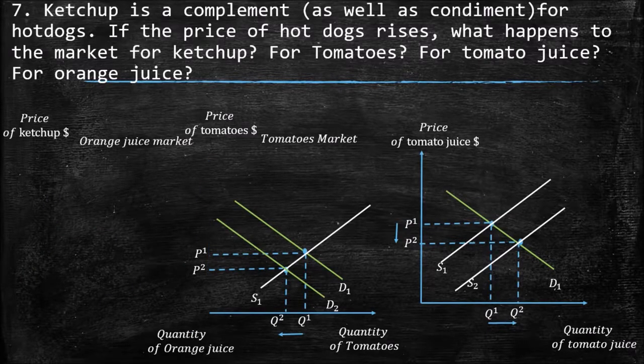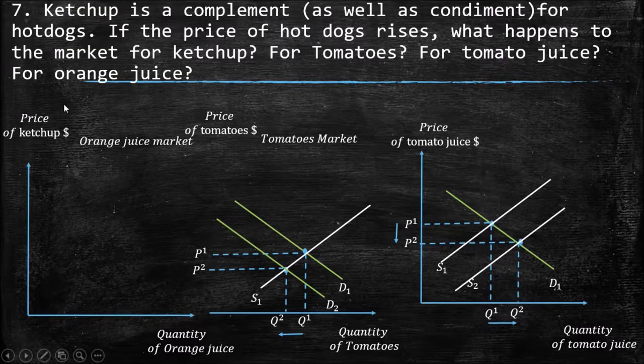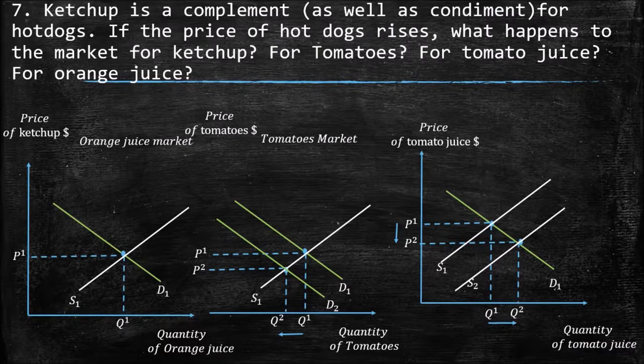Now for the orange juice market. So here is orange juice, and here we have the initial condition. Given that the price of tomato juice decreases, there's going to be a decrease in the demand in the orange juice market, if we think that orange juice and tomato juice are substitutes.